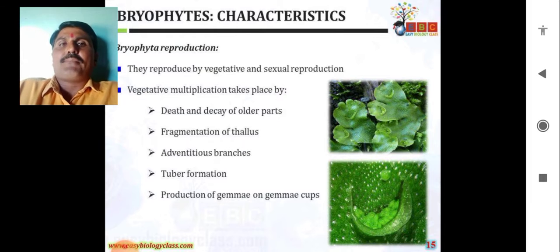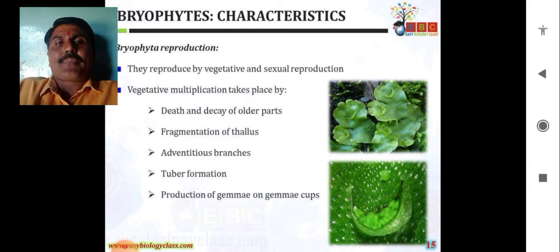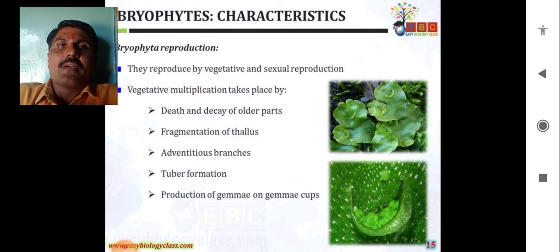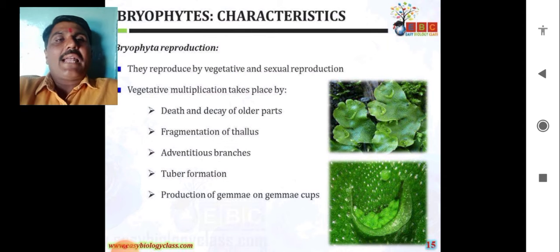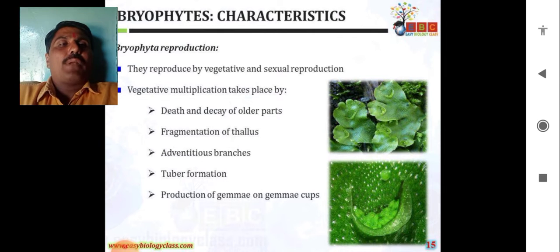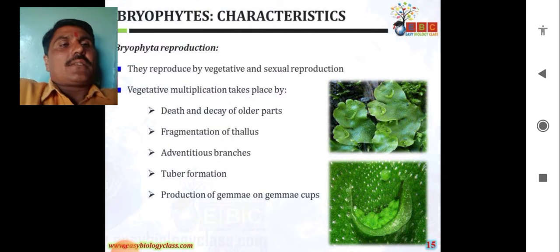Fragmentation is a similar method, along with adventitious branches, tuber formation, and production of gemmae and gemma cups. In fragmentation, the thallus will break down by itself, and each and every part will grow into a new plant.